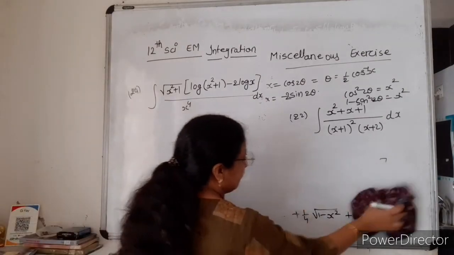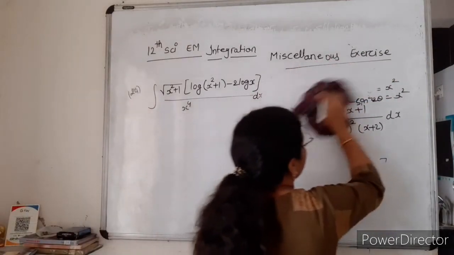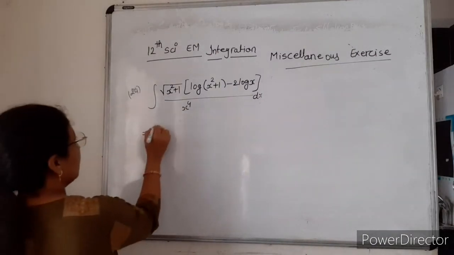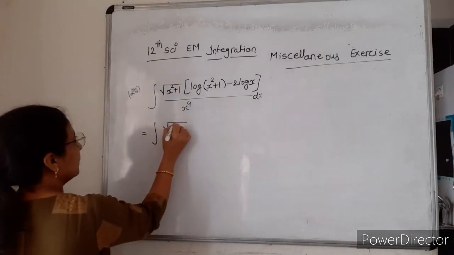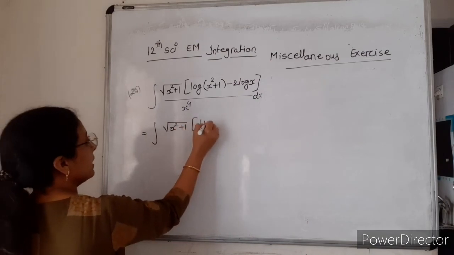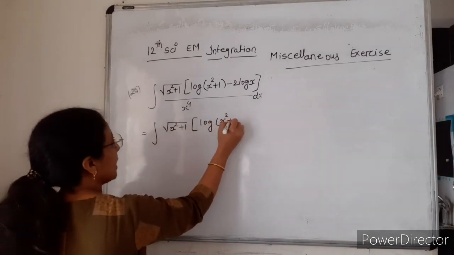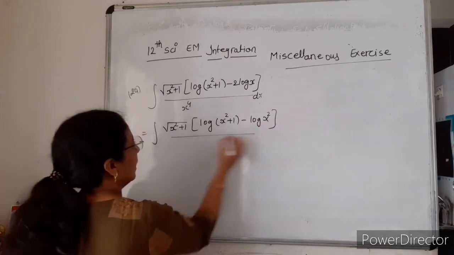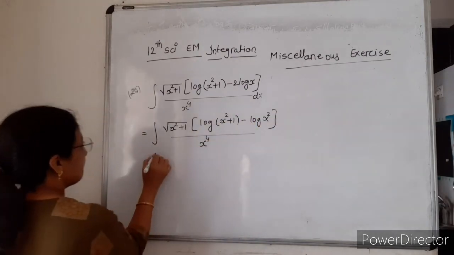Now here, first of all, this is x square plus 1 times log of x square plus 1 minus log of x square, upon x raised to 4.